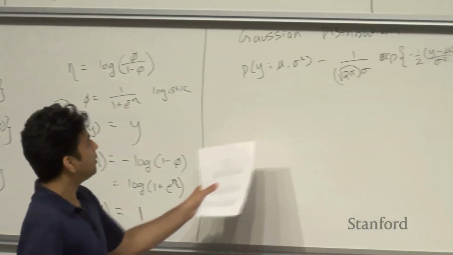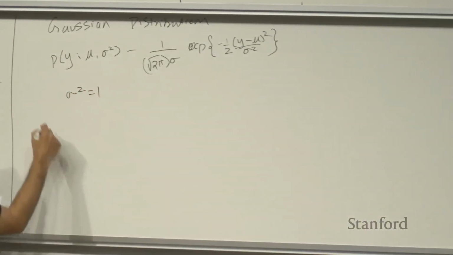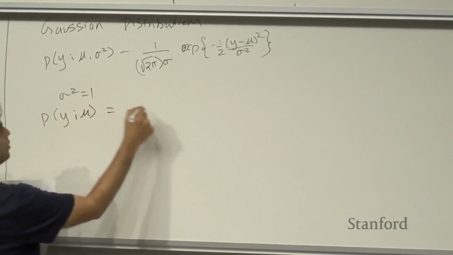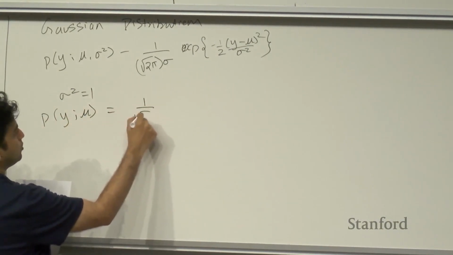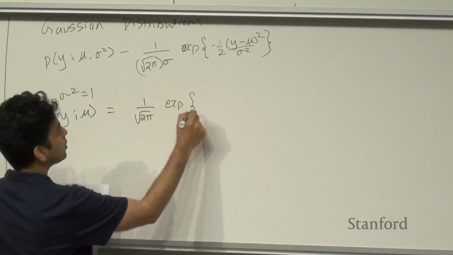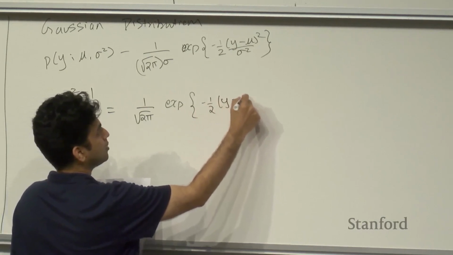Right. So here we're going to assume sigma square equals 1, which gives us a simplified version of the Gaussian. P of y is equal to 1 over square root 2 pi, exponent of minus half (y minus mu) square.